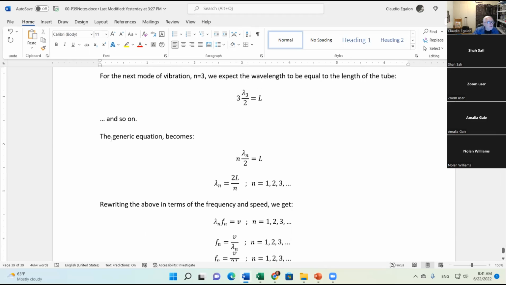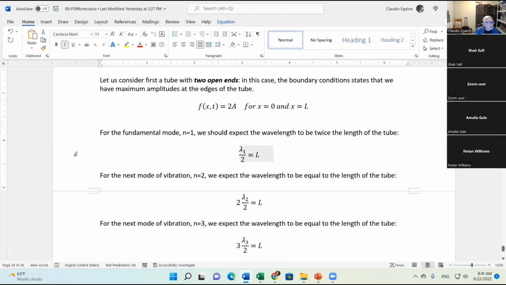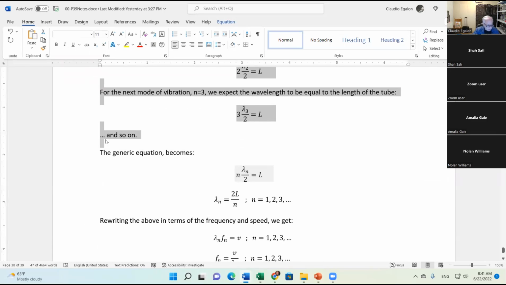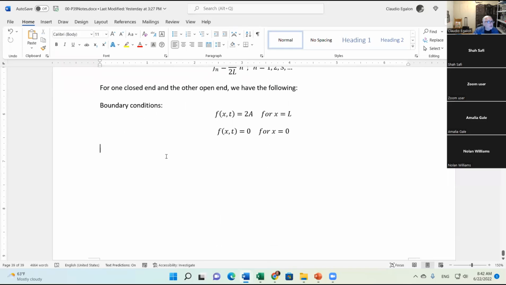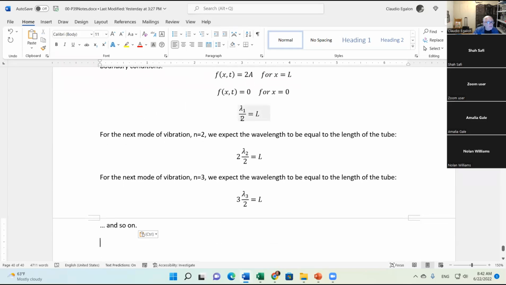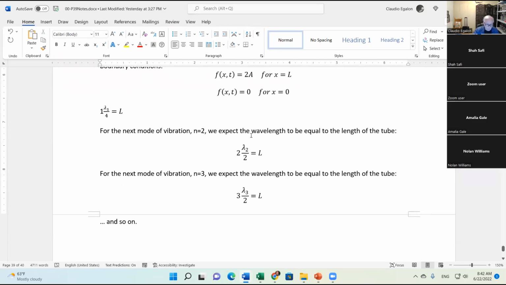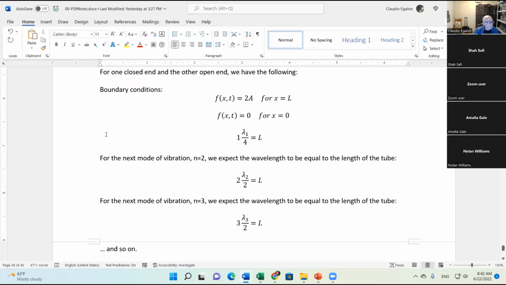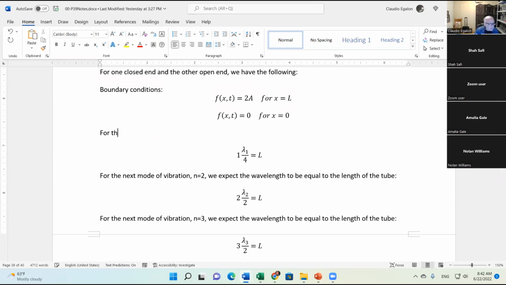So what do we discover? We discovered from analysis, I'm going to copy all the stuff here, that 1 wavelength divided by 4 is equal to L. Okay, for the fundamental mode, we have mode n equal to 1.